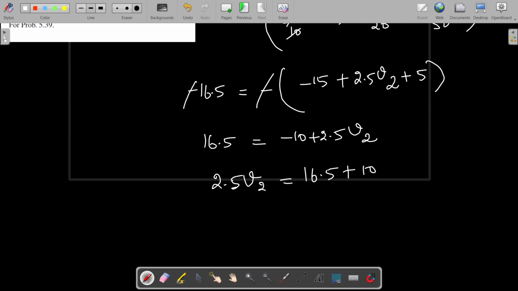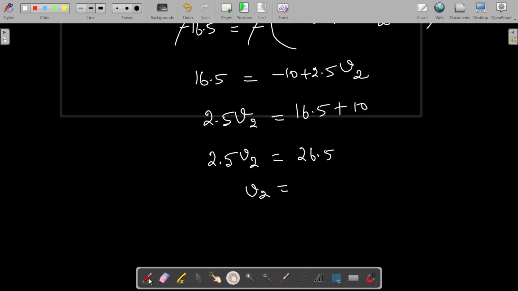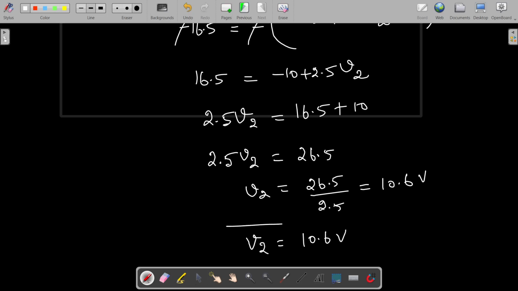So it is 2.5 V2 is equal to 26.5, or V2 is equal to 26.5 divided by 2.5. So it is 10.6 volts. So the answer V2 is equal to 10.6 volts. This is the answer.